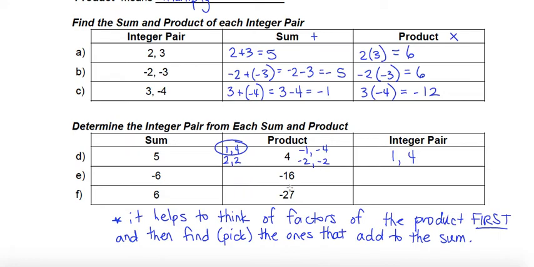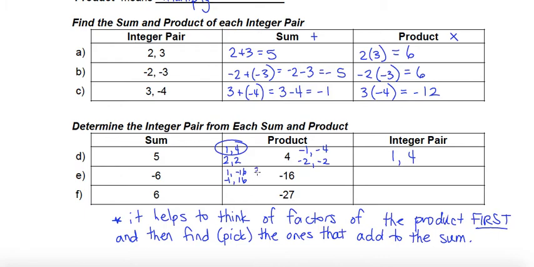So now let's take a look at -16. So the only way we can get a negative integer as our product is if we have one positive and one negative. So let's find the values that multiply to give us 16 first. So we could have 1 and -16, or we could have -1 and 16.